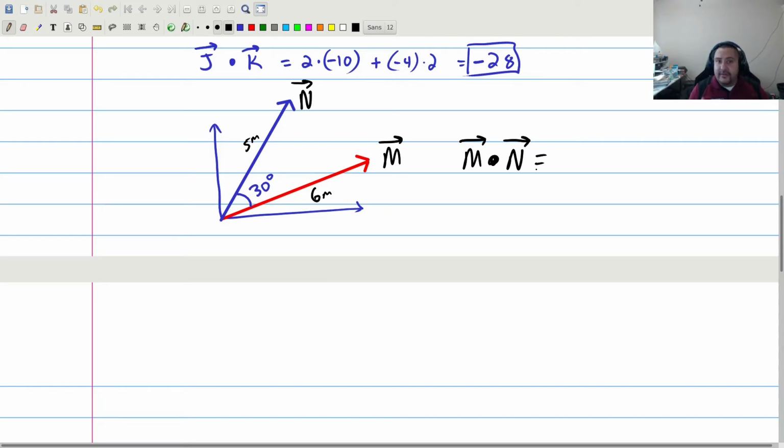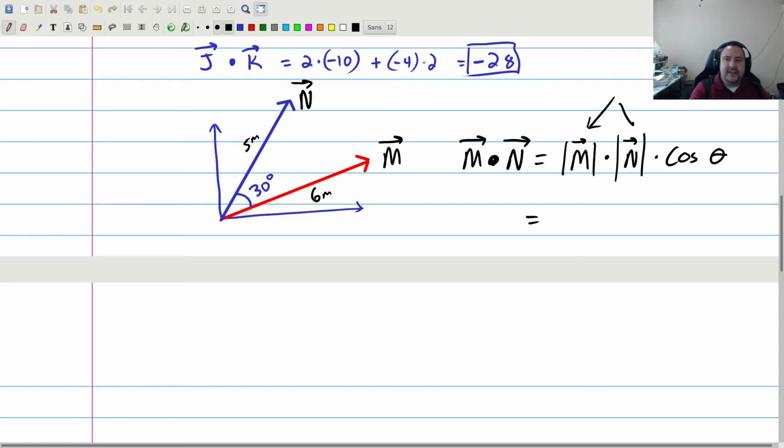You can prove using trigonometry, I'm not going to prove it to you today, but you can prove using trigonometry that the dot product is actually going to be the magnitude of M times the magnitude of N times the cosine of the angle between them.